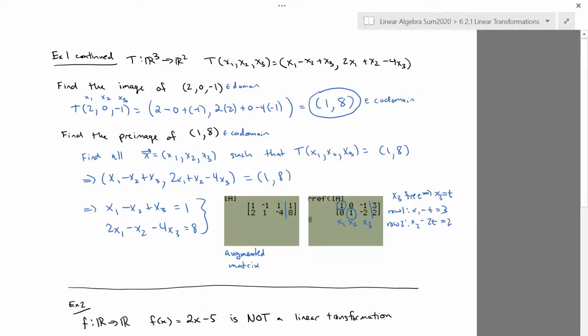So what do I have? x1, x2, x3 is equal to, x1 is here, right? So x1 is 3 plus t, x2 is this, which is 2 plus 2t, x3 is this, which is t. Right, so the solution is a set of vectors that look like 3 plus t, 2 plus 2t, comma t.